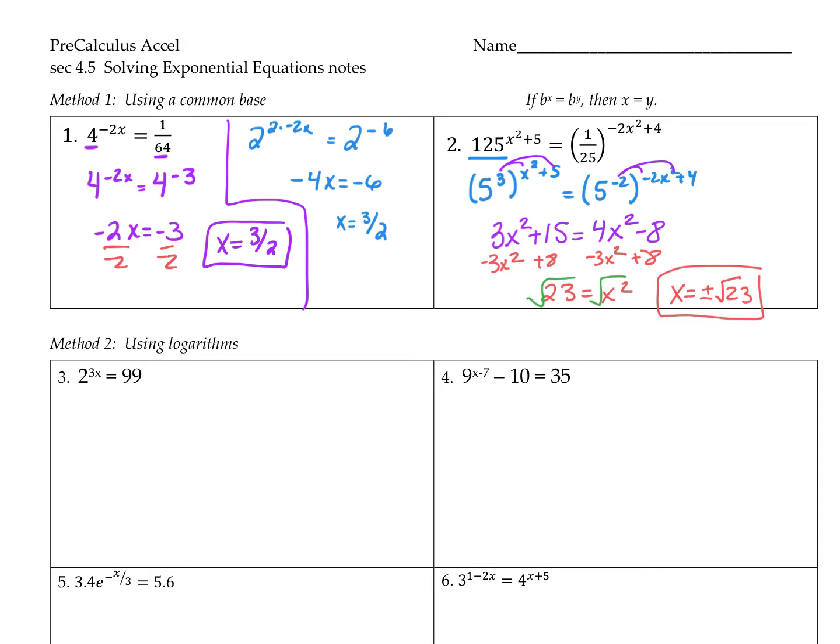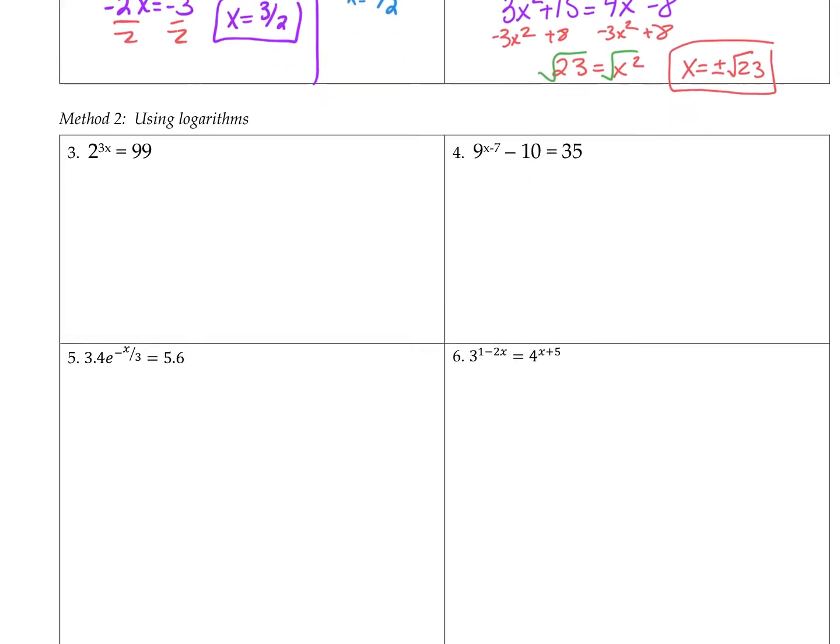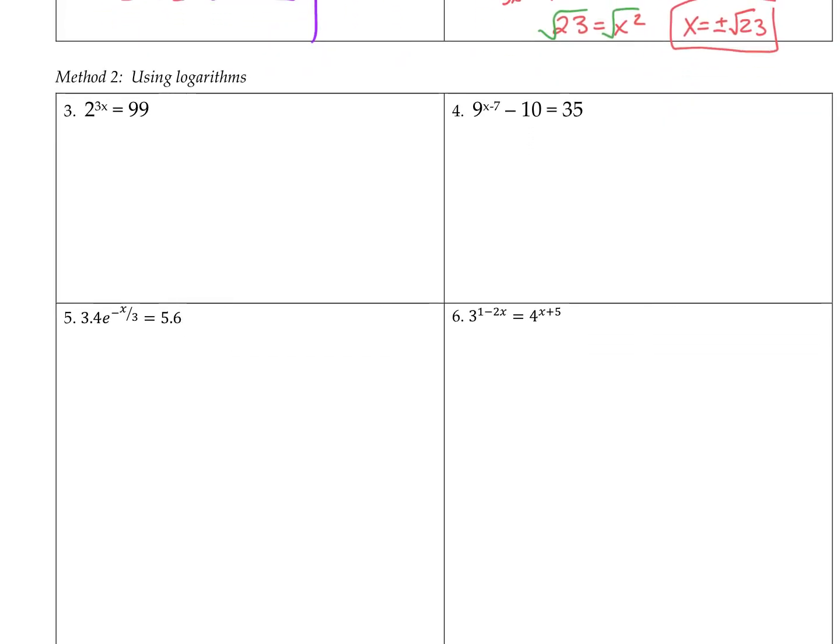All right, now in an example like number 3, we can't get a common base with 2 and 99. So instead what I'm going to do is I'm going to take the log of both sides. So what's going to happen is this 3x that's in my exponent is going to come down to the front.